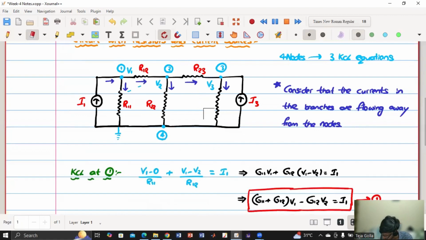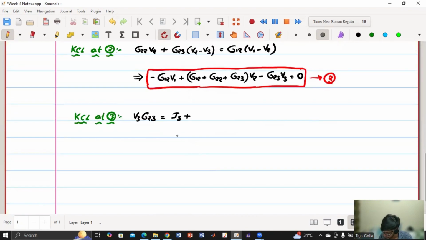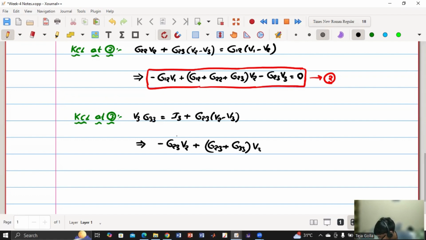I'm really sorry, this should be R33, meaning G33. V3 into G33 equals current entering I3 plus G23 into V2 minus V3. Now we'll bring that to this side. So we have minus G23 into V2 plus G23 plus G33 into V3 equals I3.